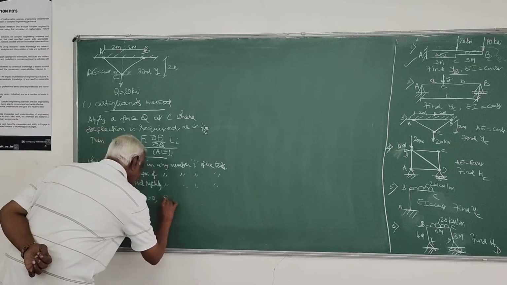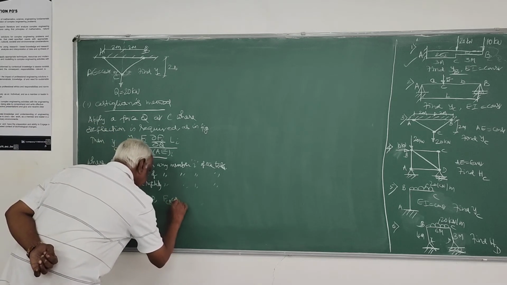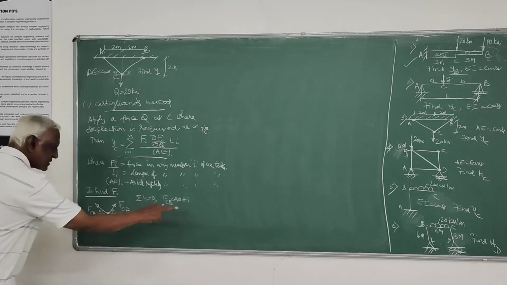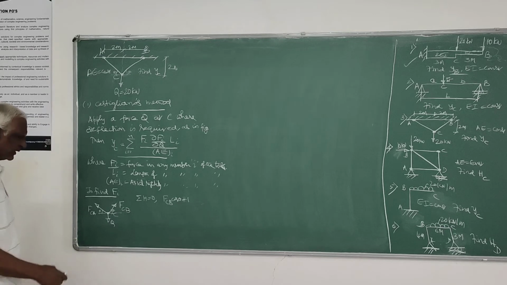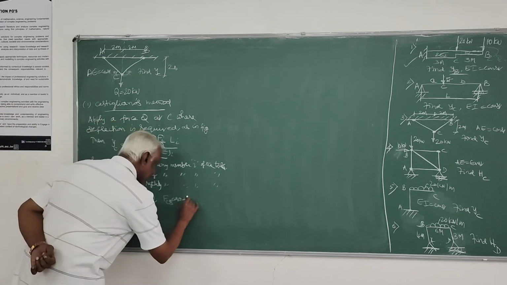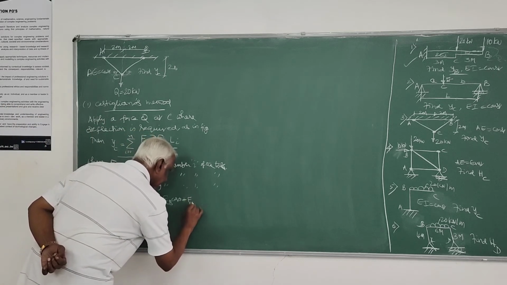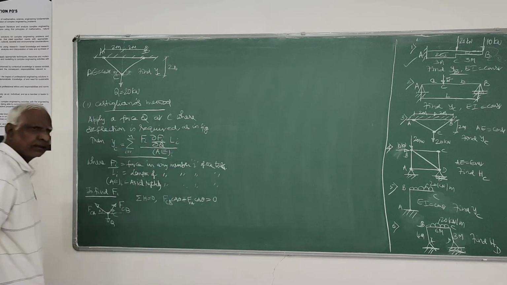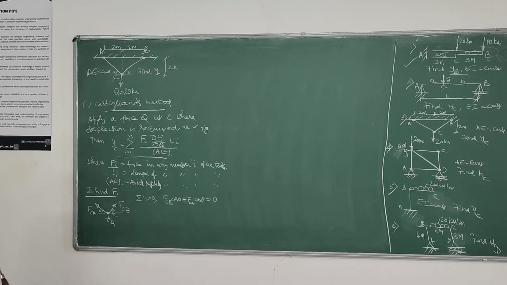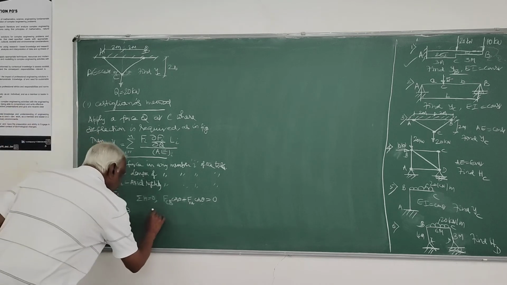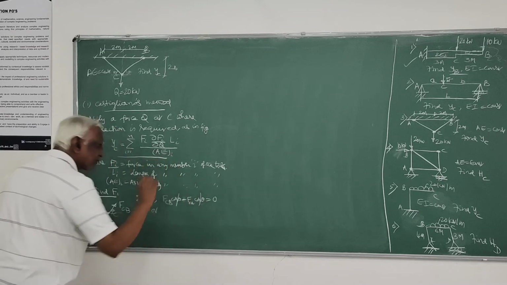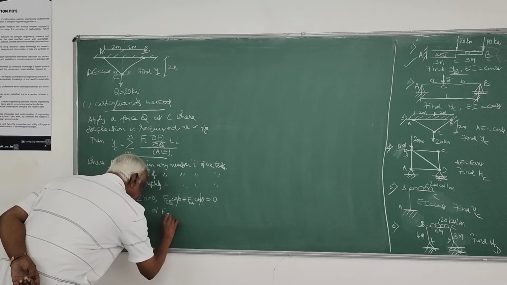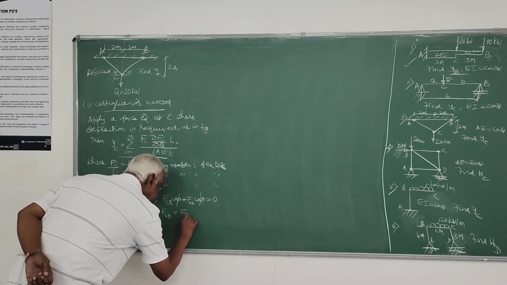You will get FCB cos theta plus, minus, because FCB cos theta is in this direction, FCA cos theta is in the opposite direction, that is minus FCA cos theta is equal to 0, because there is no horizontal force at the joint C. Or you can say this cos theta will cancel. You will have FCB is equal to FCA.